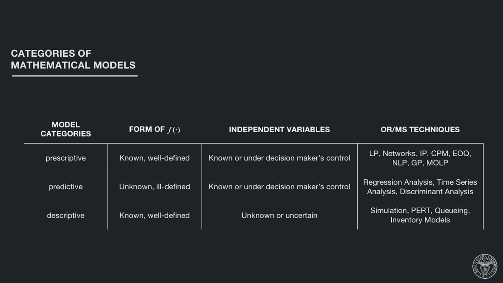The second major category is called predictive analytics. In predictive analytics, you don't know the function f, but you do know the data, those independent variables. Think about it: you are in a marketing department, you have all kinds of sales data, and you know all your customers. But you don't have the best function to figure out the best way to sell cars to your customers.